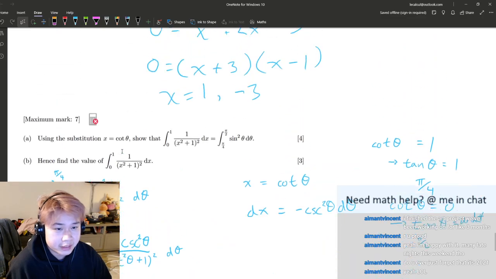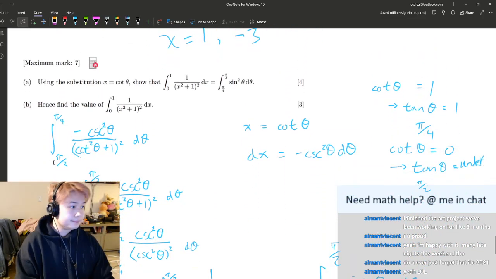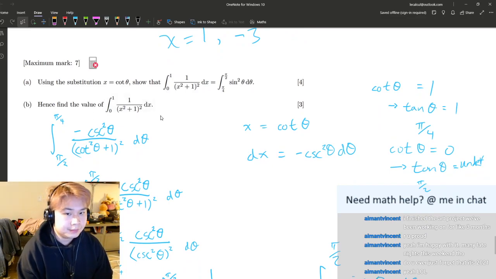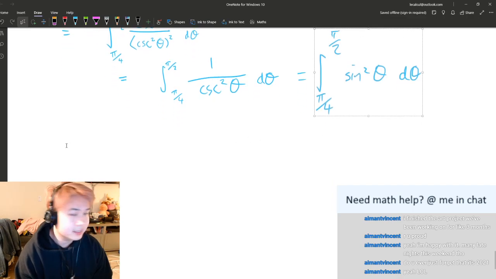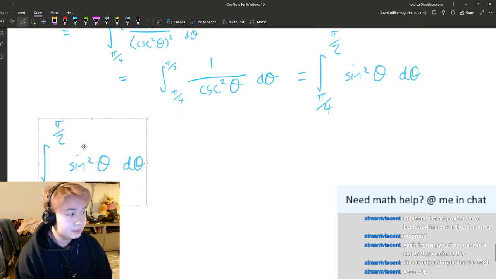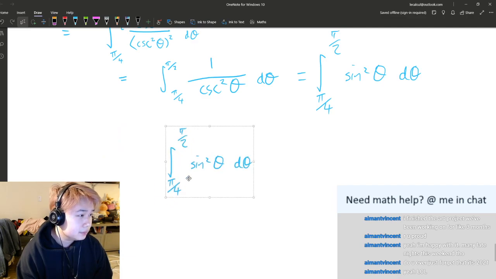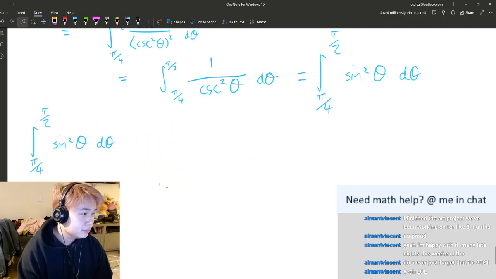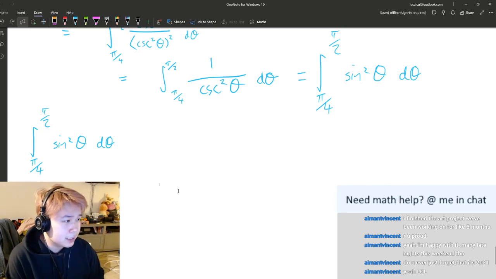Okay, last question, and then I'm gonna start up this game. Hence, find this value. So I guess I just gotta calculate this, right? Now, how do I integrate sine squared theta?